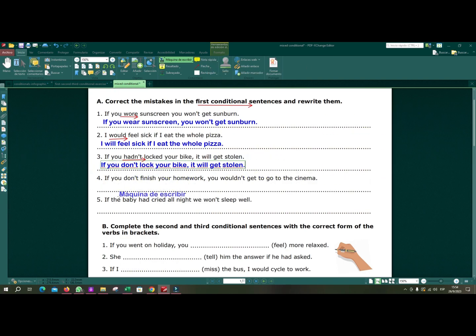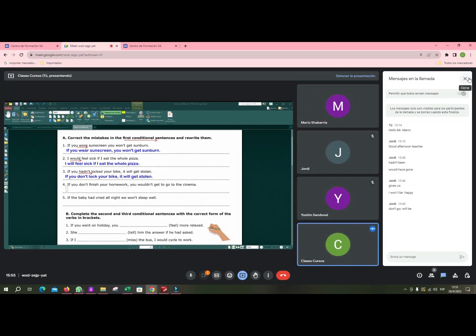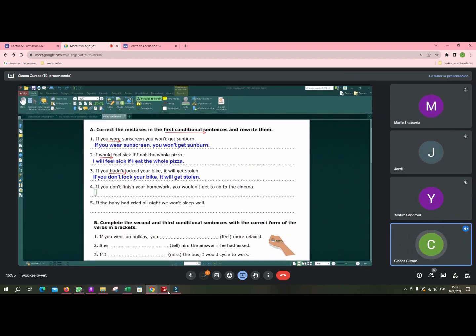What about the number 4, Mr. Jordi? Which could be the correct answer for this one? Here you have. If you don't finish your homework, you wouldn't get to go to the cinema. Which would be the correct form here? You can write it down there, right? If you don't finish your homework, right? So, but wouldn't is a mistake there. You need to use will not or won't. Also, you can use won't there.